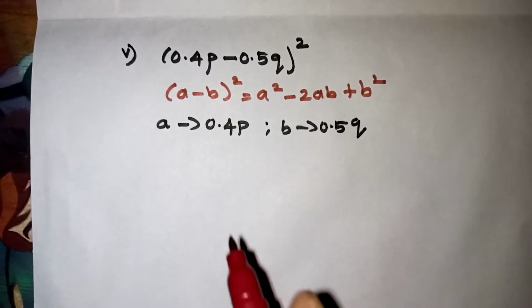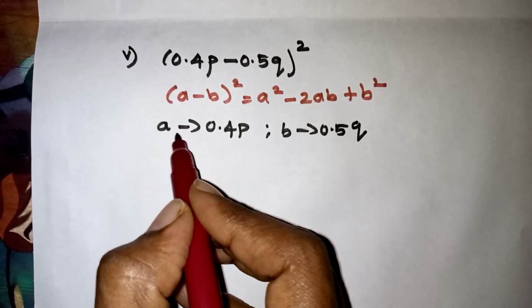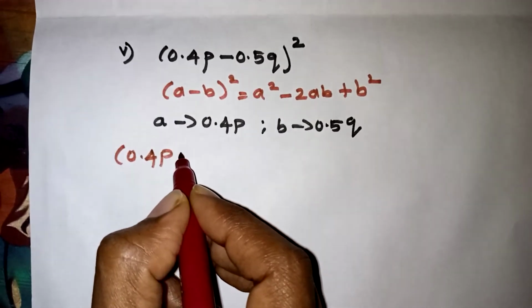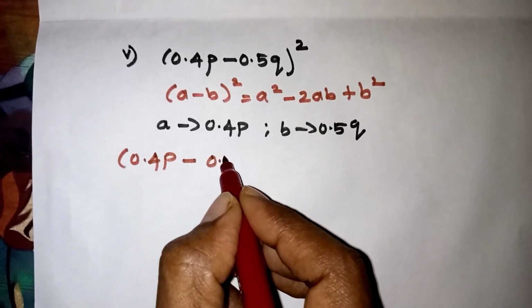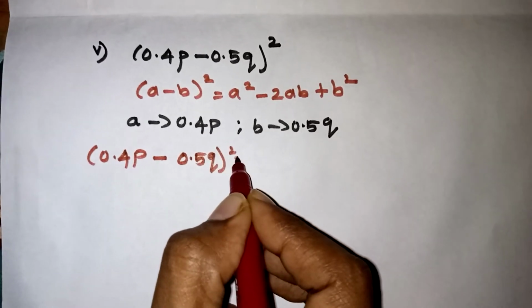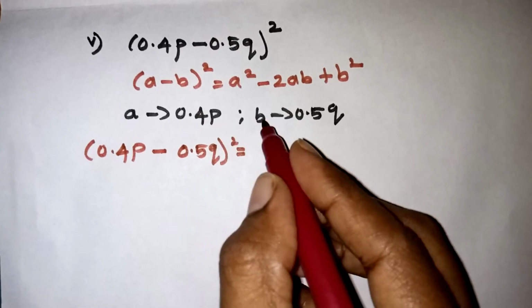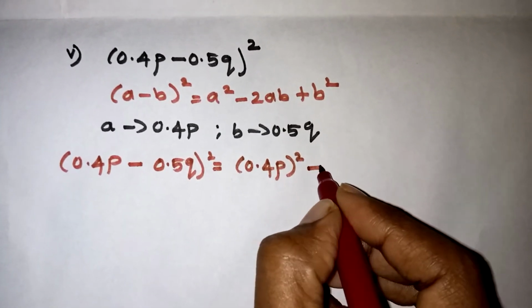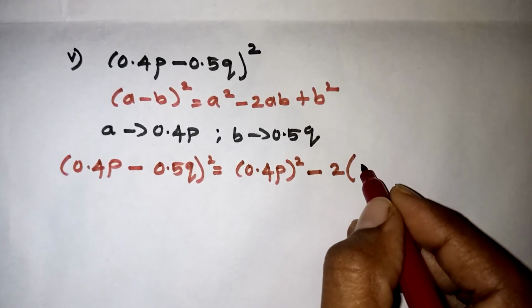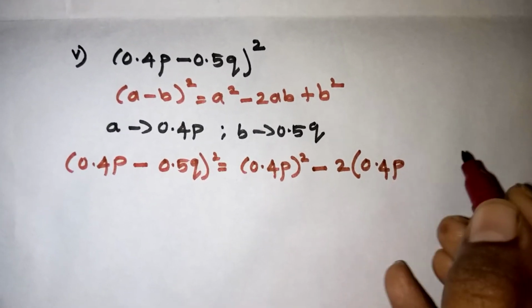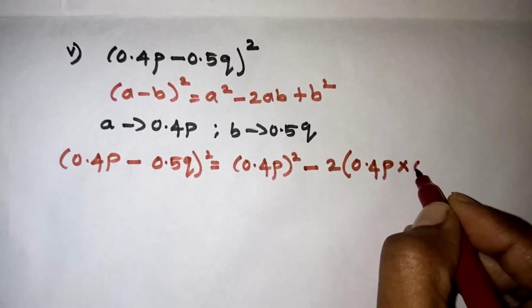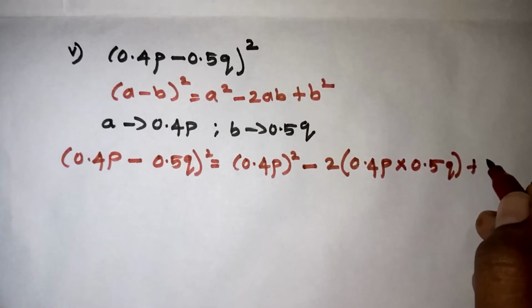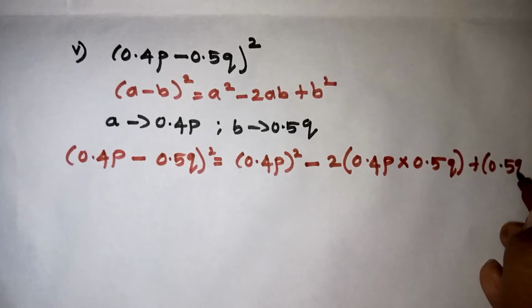Wherever a comes, we replace it with 0.4p. So (0.4p minus 0.5q) the whole squared equals, first a squared, a is (0.4p) the whole squared, minus 2ab, minus 2 into a value 0.4p multiplied by b value 0.5q, plus b squared, that is (0.5q) the whole square.